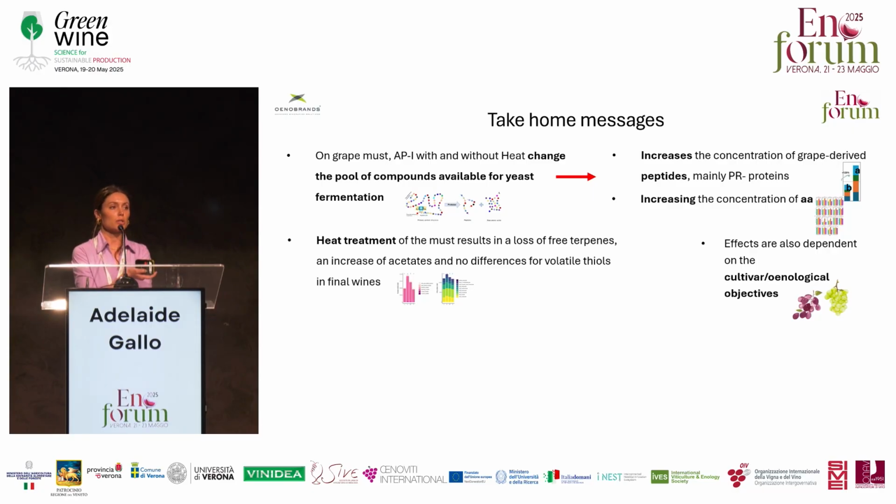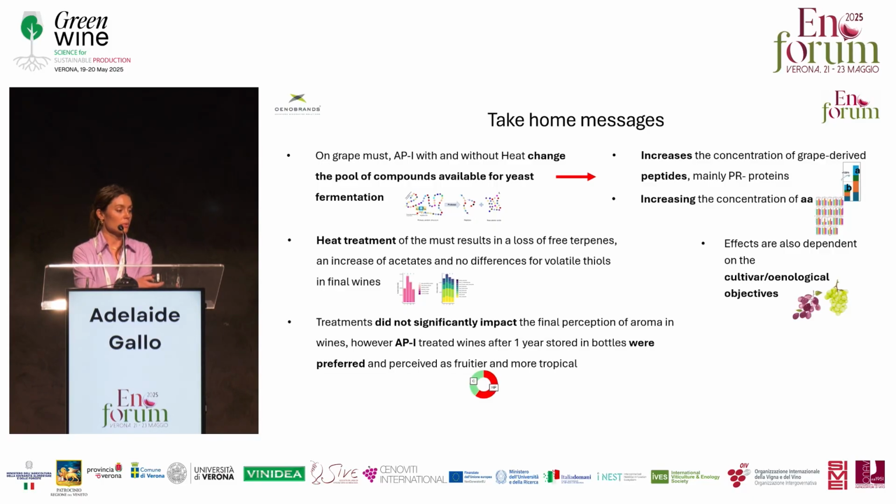We should also remember that the impact on aromas depends on the variety and also on the winemaking target, in that if you want to have a terpenic wine, it is one thing. Otherwise, you might want to enhance the fermentative or acidic aroma. So depending on that, you will have different outcomes and based on different objectives.